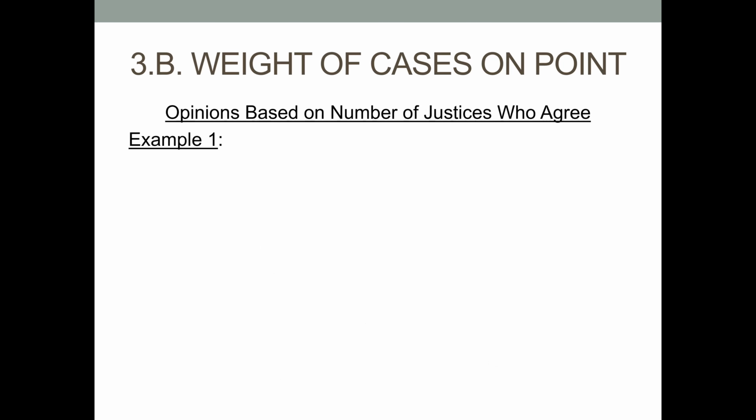So just graphically, I'm going to give you a couple of examples here that I hope will make this clearer. Let's say that you have nine justices that hear a case, such as on the US Supreme Court. At the end of the day, they vote and determine to what extent they agree or disagree. And here is the result.